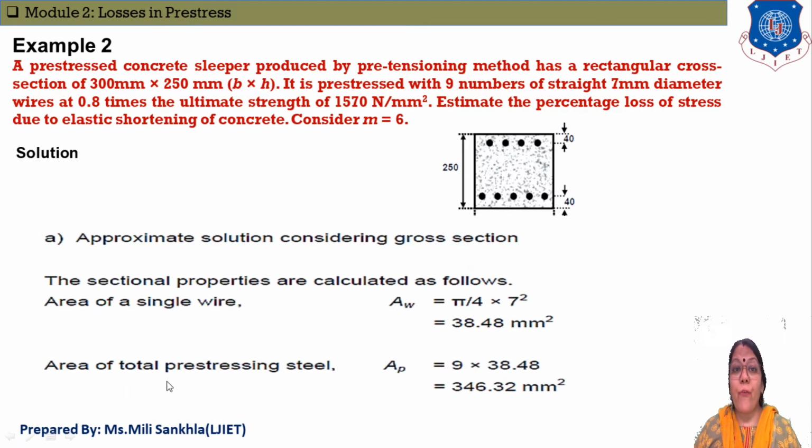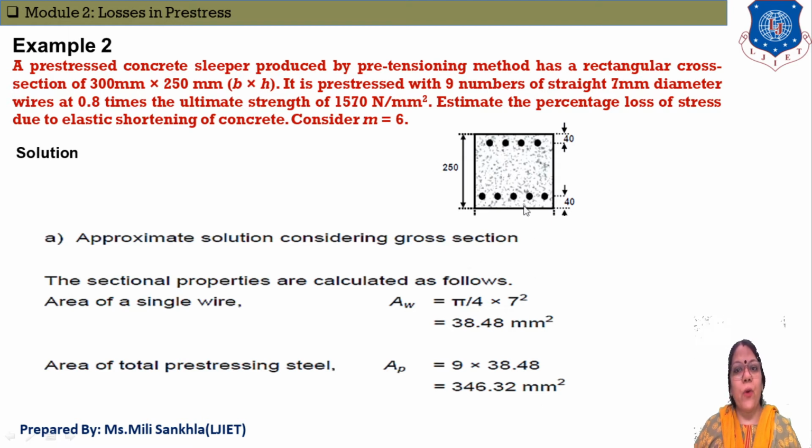Now the area of total pre-stressing steel is 9 wires, top and bottom, 4 plus 5 equals 9. Multiply 9 into the area of one single wire, 38.48, which is equal to 346.32 mm square.